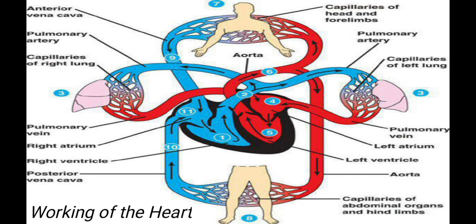Then it is returned to the right auricle by the main vein called vena cava. The circulation of the blood from the left ventricle to the body parts and then back to the heart is called the systemic circulation.